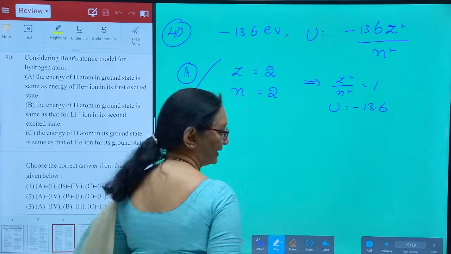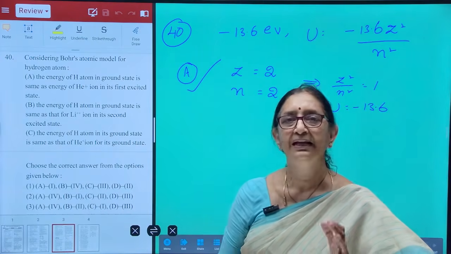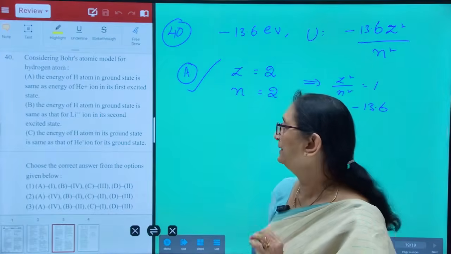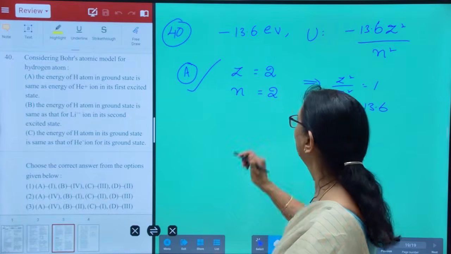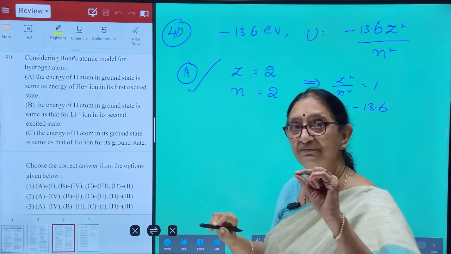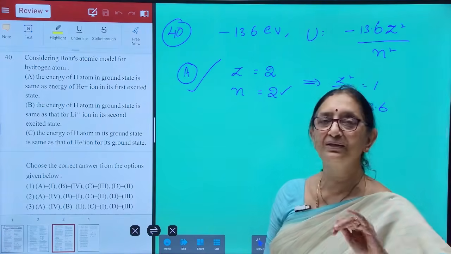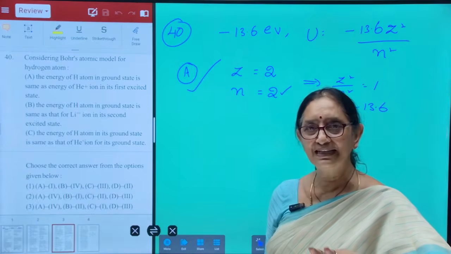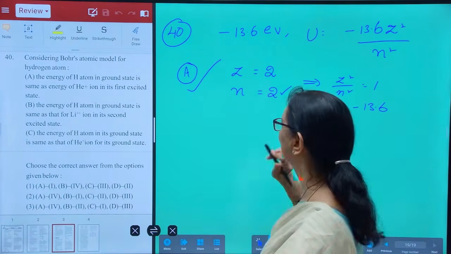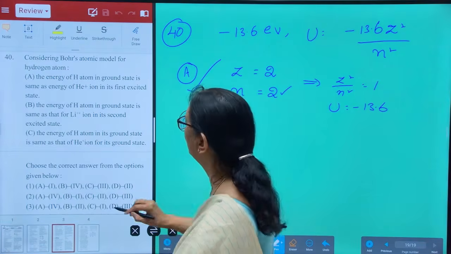So this is right. Energy of hydrogen atom in its ground state is equal to the energy of helium ion in the first excited state. First excited means the electron is in the second orbit. Third excited state means electron is in the fourth orbit, and so on. So, that is true.